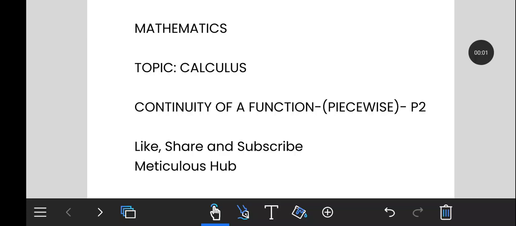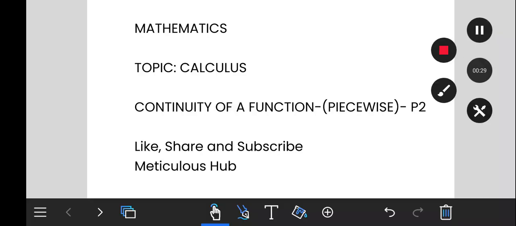In this tutorial, we're going to look at calculus, and our main focus will be on continuity of a function. Under continuity of a function, you'll probably be given a piecewise function, and they'll ask you to determine whether that piecewise function is continuous or discontinuous at a certain point.